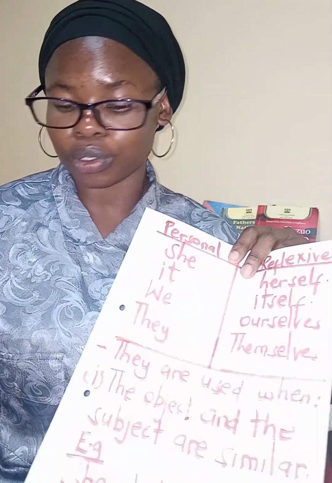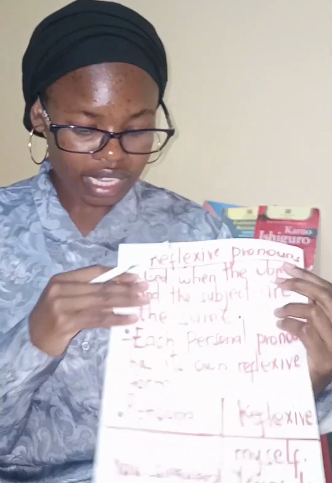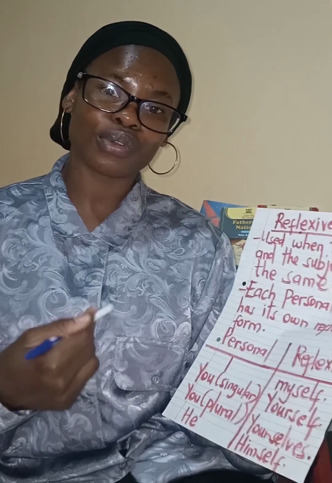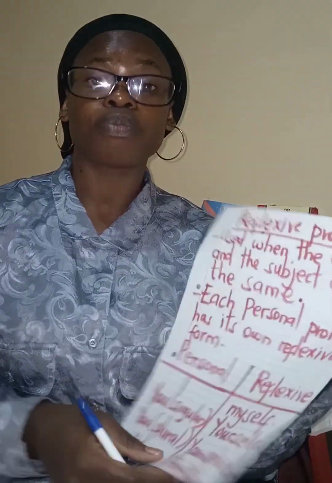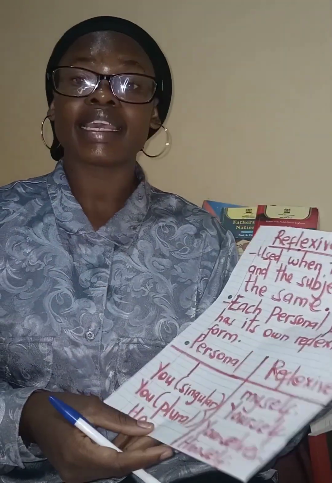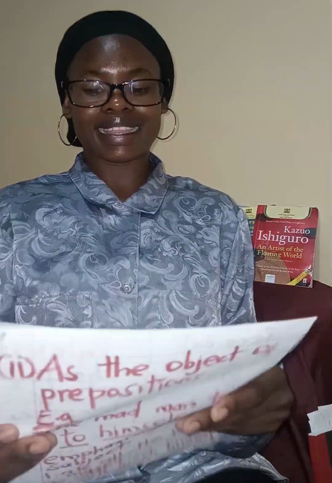Every personal pronoun has its own reflexive pronoun: I, myself, you in the singular form, yourself, you in the plural form, yourselves, he, himself, she, herself, it, itself, we, ourselves, they, themselves.